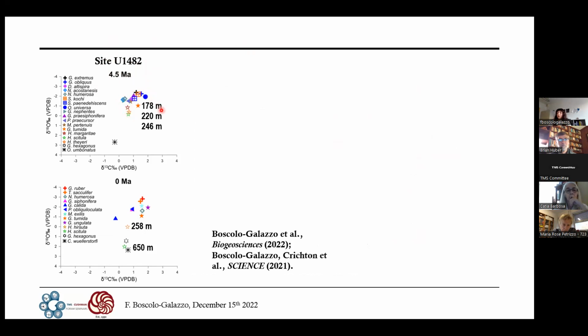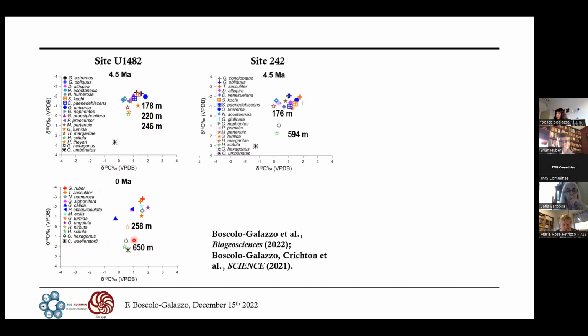If we look at their reconstructed depth habitat, the shallowest depth habitat is the one occupied by margaritae, and the deepest, the one occupied by scitula. In the modern sample, we find Hirsutella hirsuta and scitula down here in oxygen isotope space, with again more positive oxygen isotope value and that deeper depth habitat reconstruction.